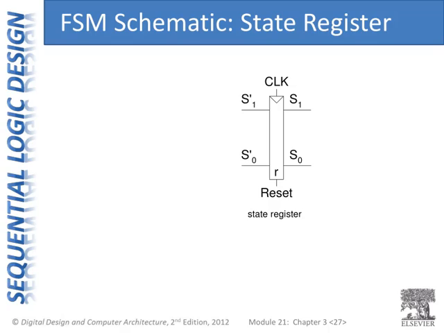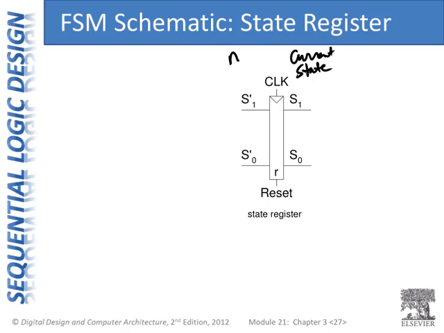Now we build our circuit, our finite state machine, using a logic circuit. Always start by putting the state register. In this case, we have 2 bits again, S1 and S0. Always put the clock input and the reset input. Remember that we have our current state on the right. Those are our state bits.